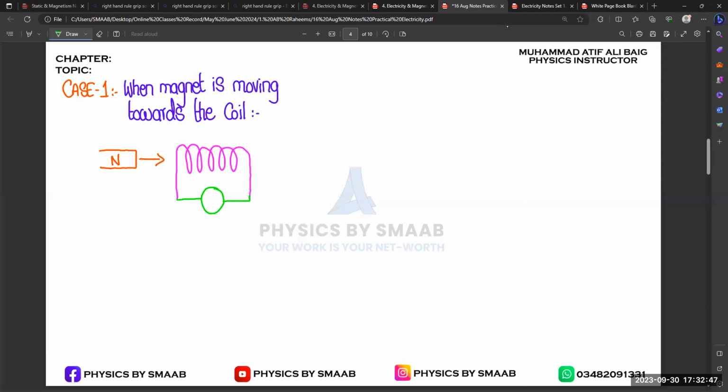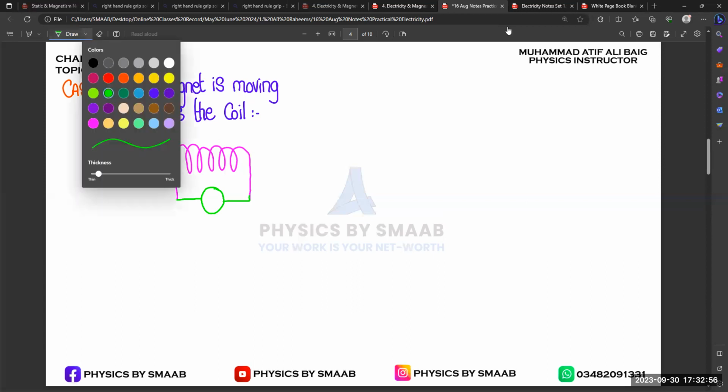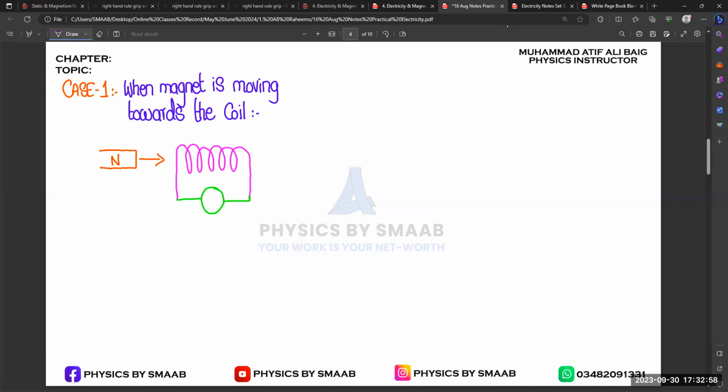So basically, when the magnet with the north pole is moving towards the coil, the deflection or the direction of the current will be in the forward direction, right? So when the magnet is moving towards the coil, the EMF will also be induced in the forward direction. So this is the first example.